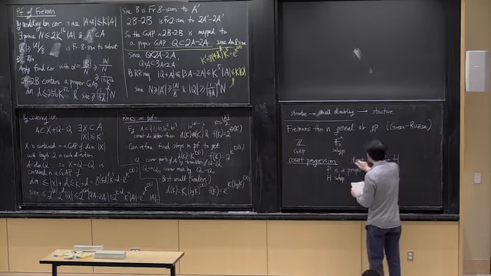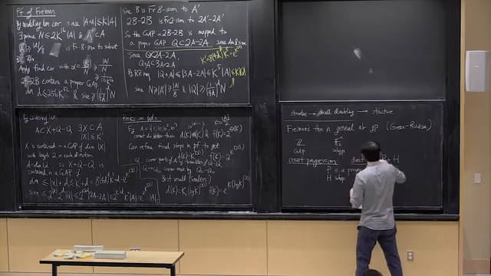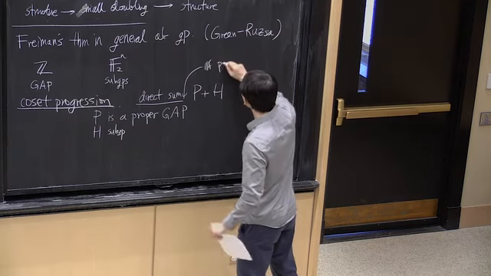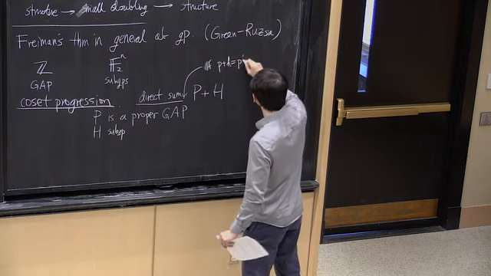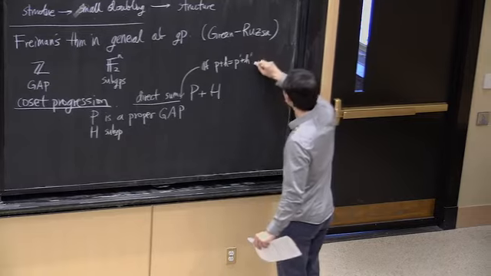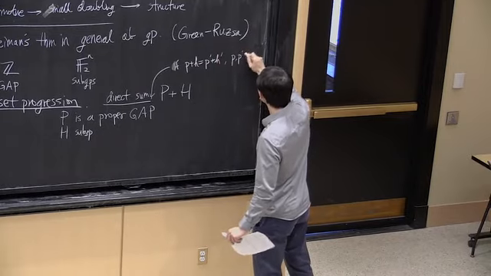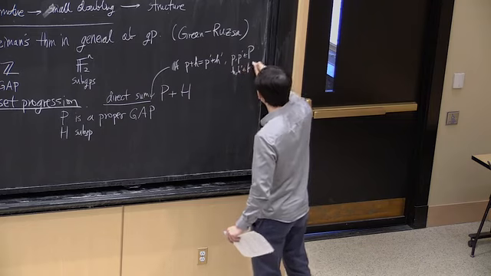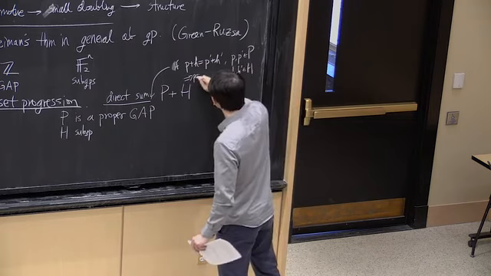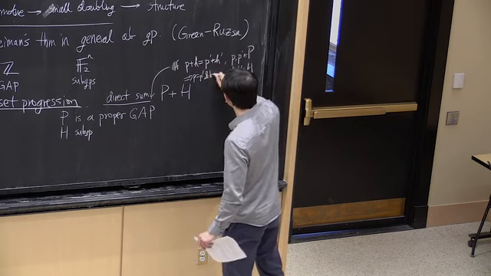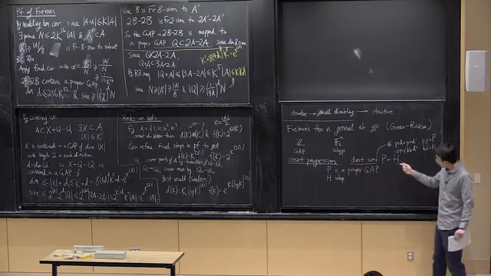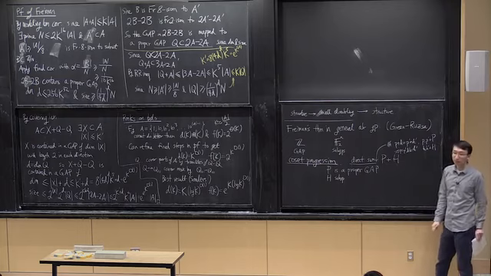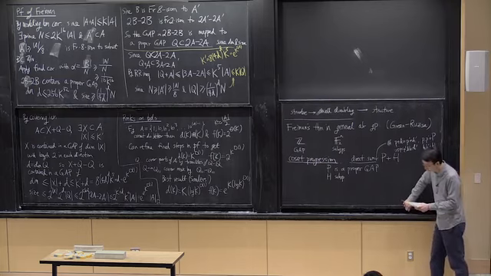And here, the direct sum refers to the fact that if P plus H equals P prime plus H prime for some P and P prime in the set P, and H and H prime in the set H, then P equals P prime and H equals H prime. So every element in here is written in a unique way as some P plus some H. So that's what I mean by direct sum.